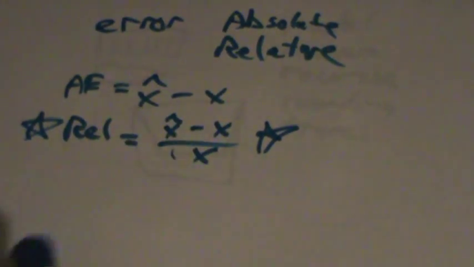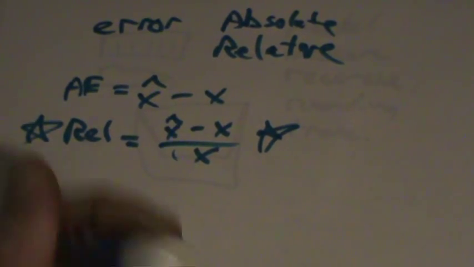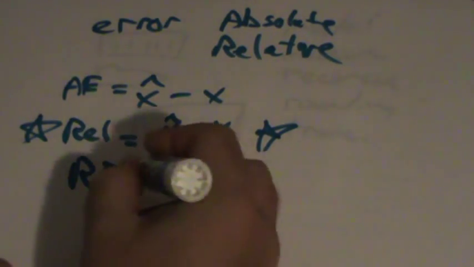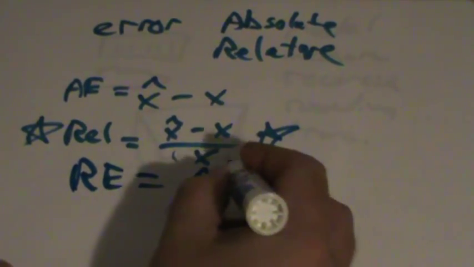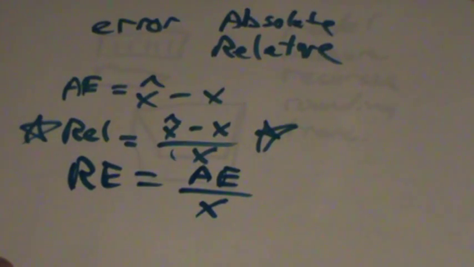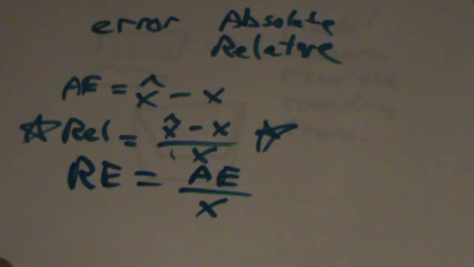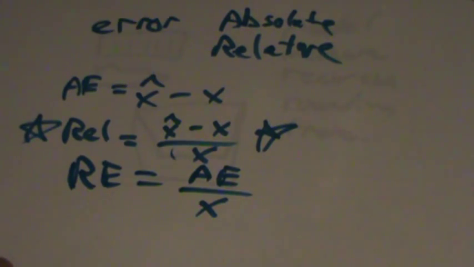Absolute error is used in calculating it, so you can notice that your relative error can be expressed as your absolute error divided by x. So that's kind of a helpful thing. Absolute error is a nice quick first way to get things. But again, I think there's a little bit of advantage in actually using the relative error because it does give us a sense of how well done this thing is.